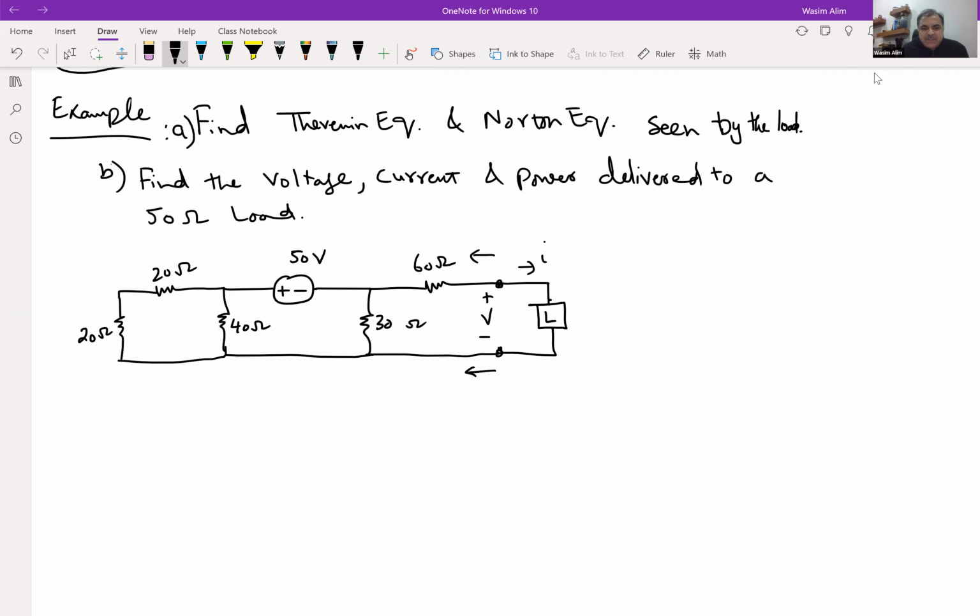So if I look at the right-hand side, after I disconnect this load from my circuit, I probably right-hand side is not the best choice, because on the left-hand side, you have two resistors in series, and this series combination of two 20 ohm resistors is in parallel with a 40 ohm resistor, right? So that parallel combination would be in series with a 50 volt source.